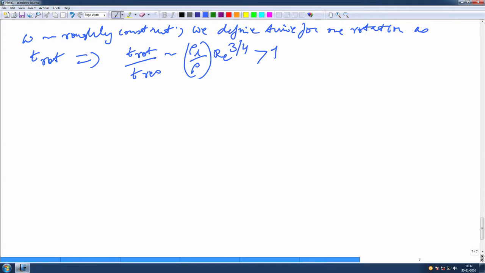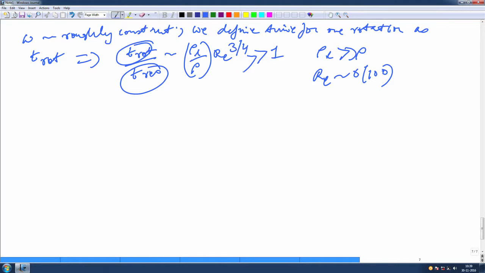Normally this will be greater than 1. Why? Because rho L is much greater than rho, right, and Reynolds number we have said just now is of the order of 100 for this kind of situation. So, naturally the rotation time by the residence time is much greater than 1, right. So, this would imply that the T rotation is much greater than the T residence for most of the cases, because this is of the order of 1000.